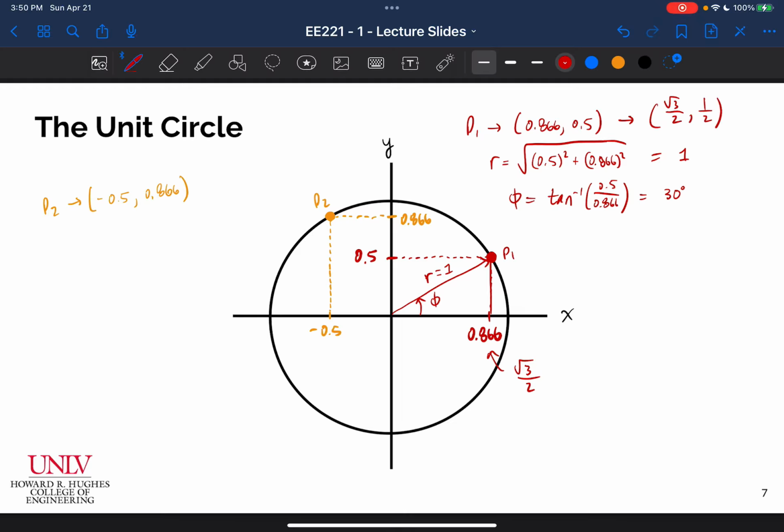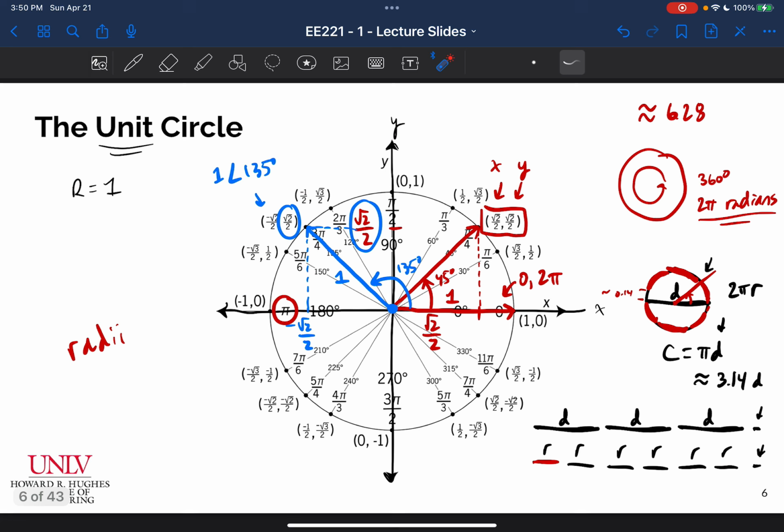And so if I come over to 30 degrees on my unit circle, I should see root 3 over 2, 1/2 as the coordinate. So let's go back. 30 degrees, root 3 over 2, 1/2. Boom.